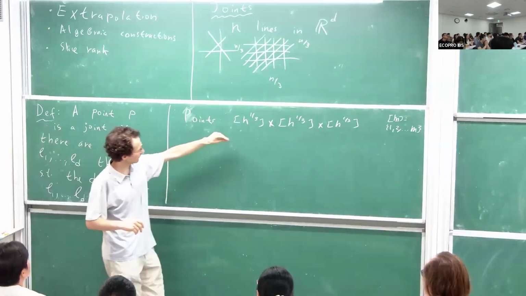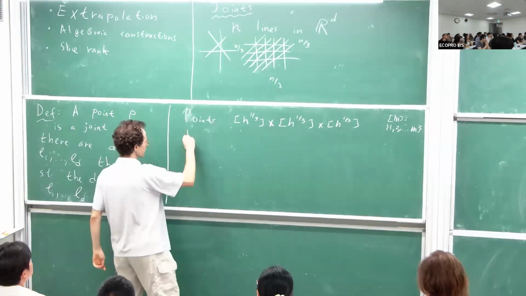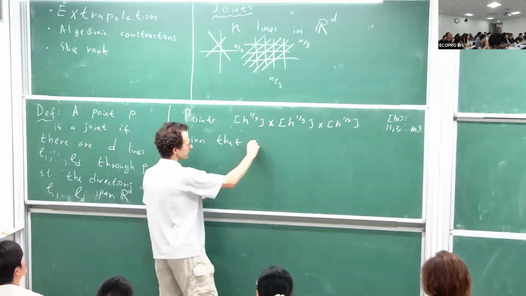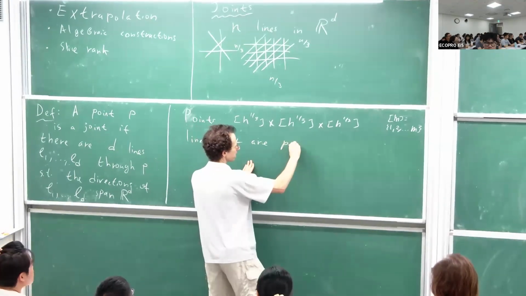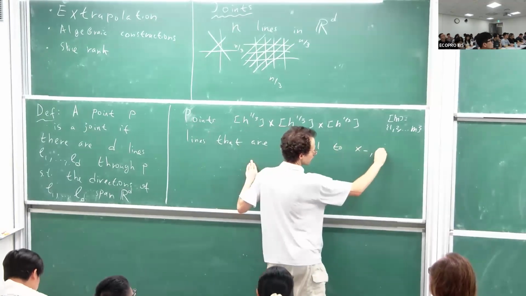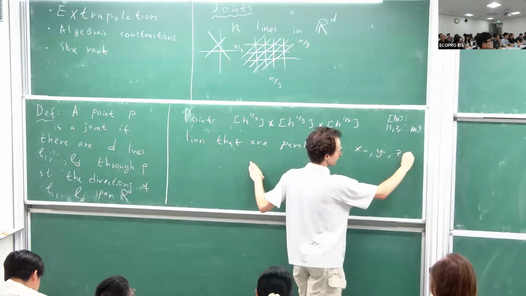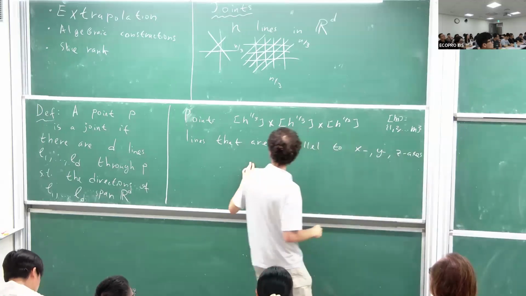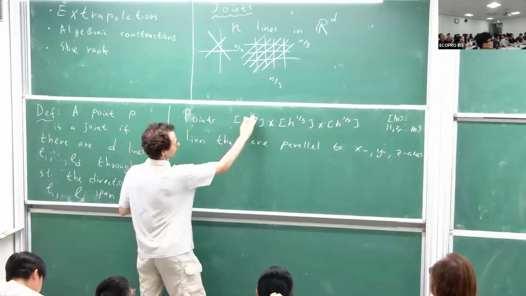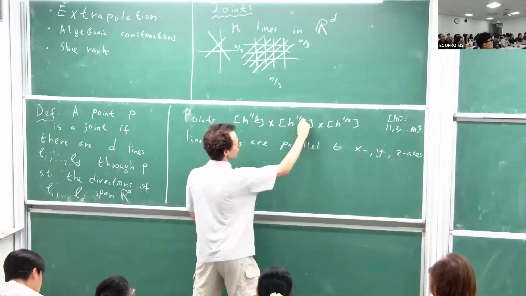So this is a grid, and then we're looking at the lines that are parallel to the axes. And there are, sorry, s squared. Oh, my apologies.